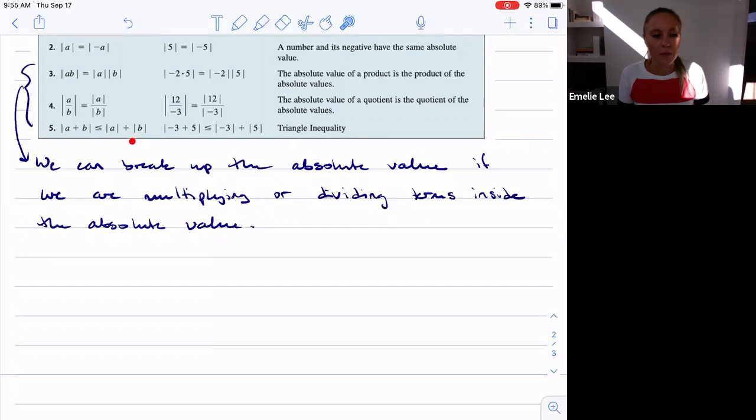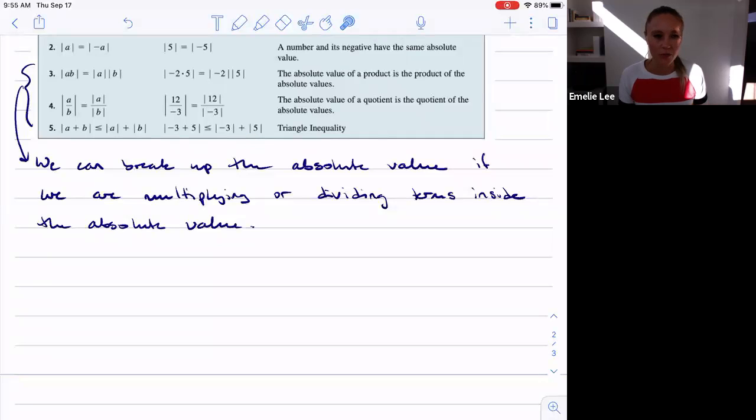So you want to be careful, right? If you look at the example, you have negative 3 plus 5. You would deal with that first, which would put you at 2. And so you would have the absolute value of 2. Well, that's going to be less than the absolute value of negative 3 plus the absolute value of 5, which is 3 plus 5. So 2 is less than or equal to 8, right?